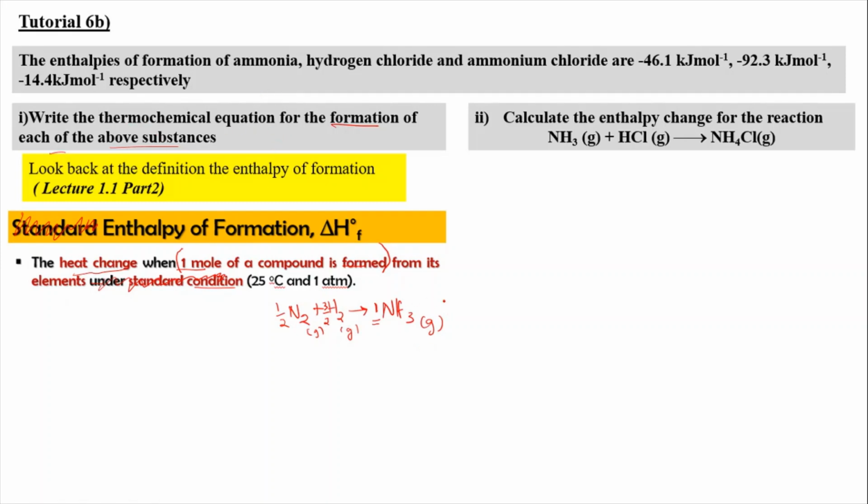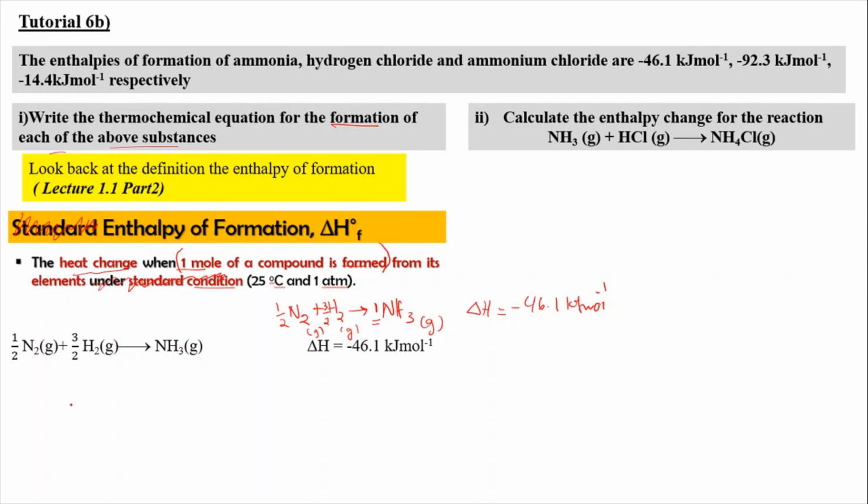Means that at the right hand side of the equation, we need to write the enthalpy value, which is negative 46.1 kilojoule per mole. Alright, so if I were to put that nicely, I will write it this way, which is 1/2 N2 plus 3/2 H2, because it will get 3 hydrogen on that side, in order to produce NH3 gas.